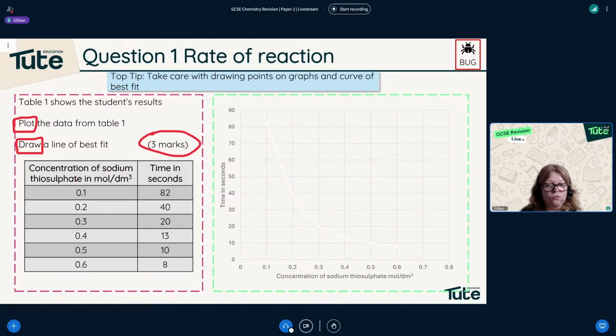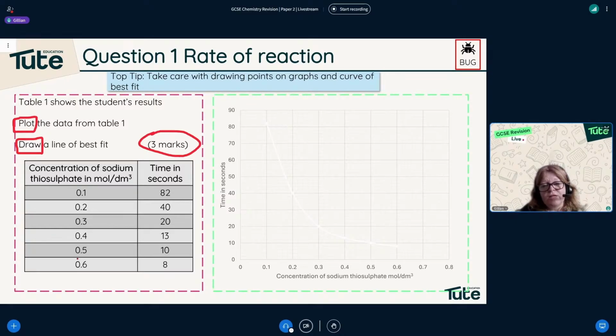So I've got a table of results. This is obviously the independent variable, the concentration of sodium thiosulfate in moles per decimeter cubed, and then the time in seconds for that cross to disappear. On this exam question, you can see that they provided you with some graph paper.